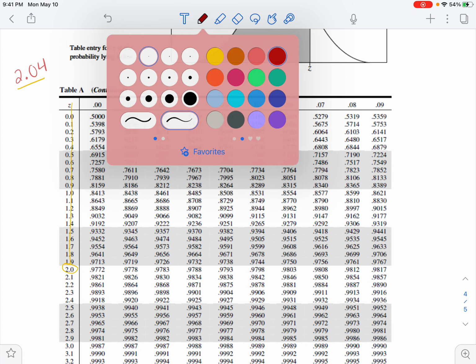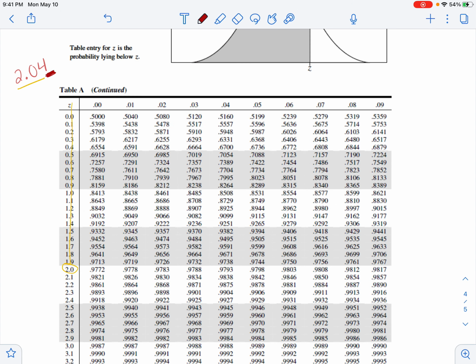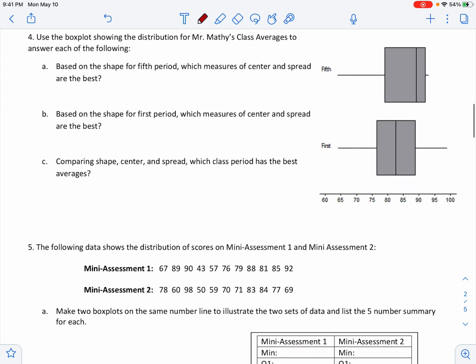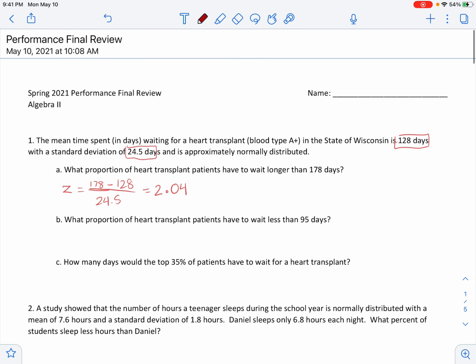And then I'm going to look for the 4, and it's going to be 0.04, right? That's this column right here. So I'm going to go over 0, 1, 2, 3, and 4. That is the probability. So 0.9793.